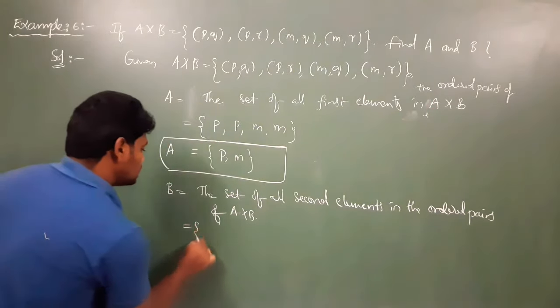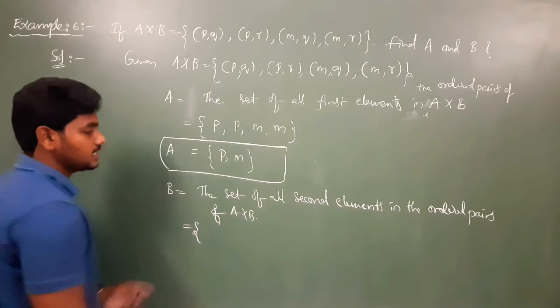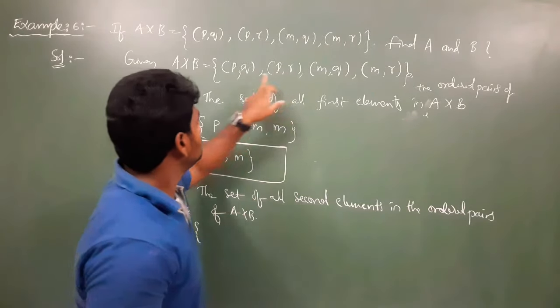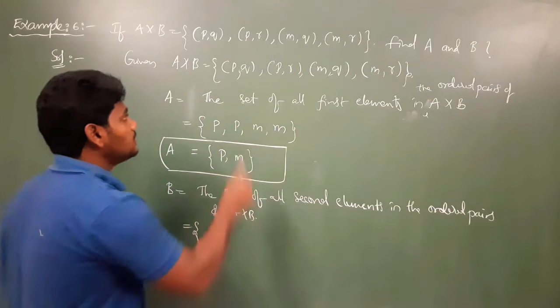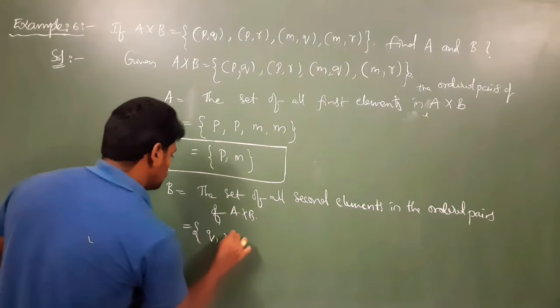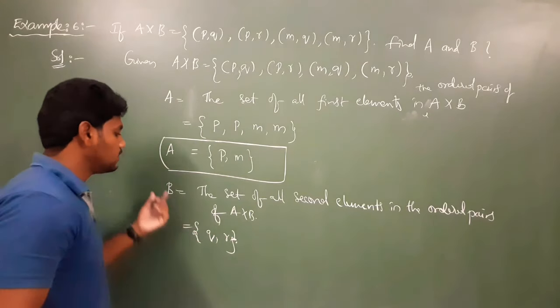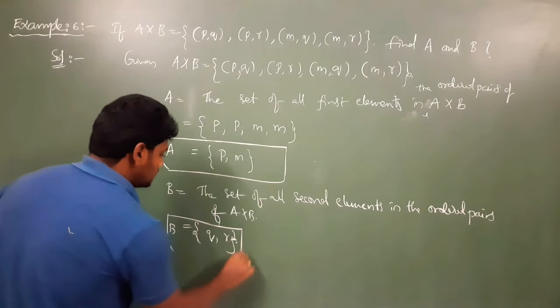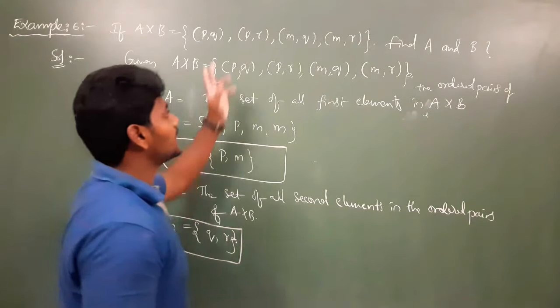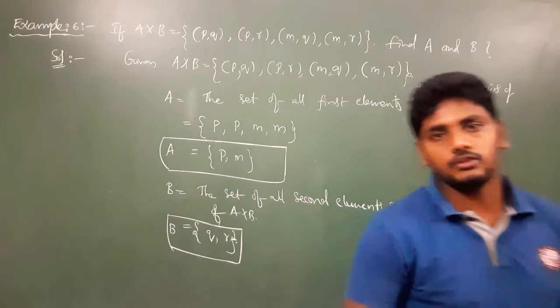Now what are all the second elements in these ordered pairs? Q, R. We won't write repeated elements, so simply that set will be Q, R. This is set B, this is set A. Like this we can easily write the sets from the Cartesian product. Pause the video and note it down.